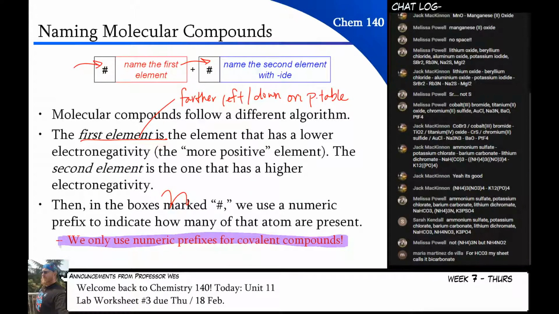We did not use them on ionic. Do not use them there. You use them here only. Now, when we name the first element, we are not including numbers because these are not elements with charges. Remember, covalent compounds don't have charges on them. So there will be no Roman numerals when you name covalent compounds.